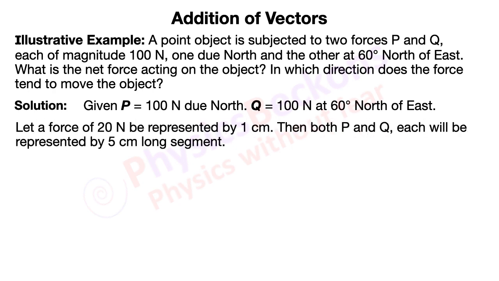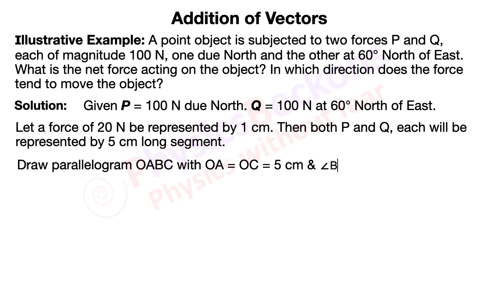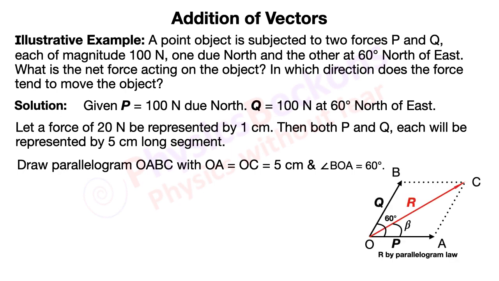Choose a scale, say 20 Newton represented by 1 centimeter. Then P and Q both being 100 Newton will be represented by segments of length 5 centimeter each. Now we draw a diagram of parallelogram OABC with OA equal to 5 centimeter and OC equal to 5 centimeter.